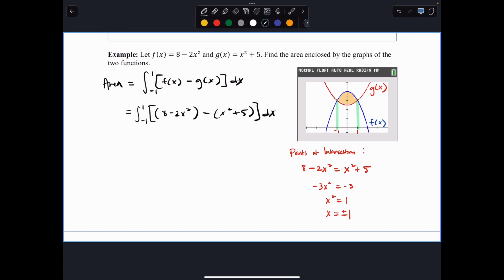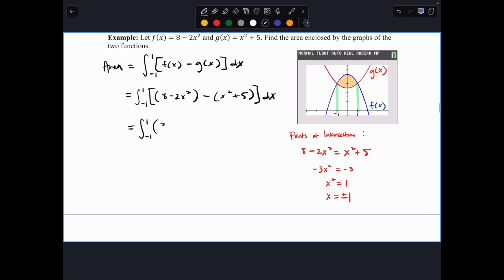Make sure you have grouping symbols around the entire integrand. You have to have grouping symbols around the f of x minus g of x, any form of it. Okay, so simplifying that a little bit, we will get 3 minus 3x squared for the integrand.